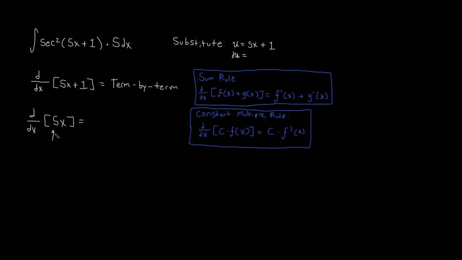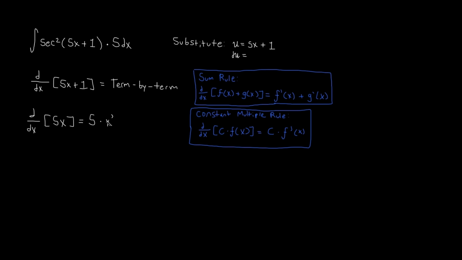Here, 5 is considered the constant and x is considered the function. So really what we need to do is take the derivative of x alone. Then we'll multiply back 5 to the derivative of x. For clarity, I wrote out 5 times the derivative of x.